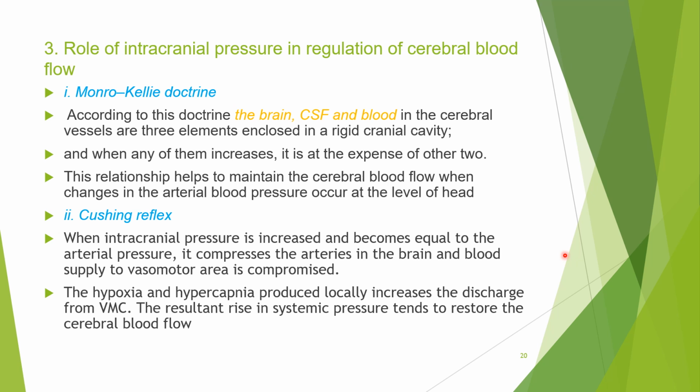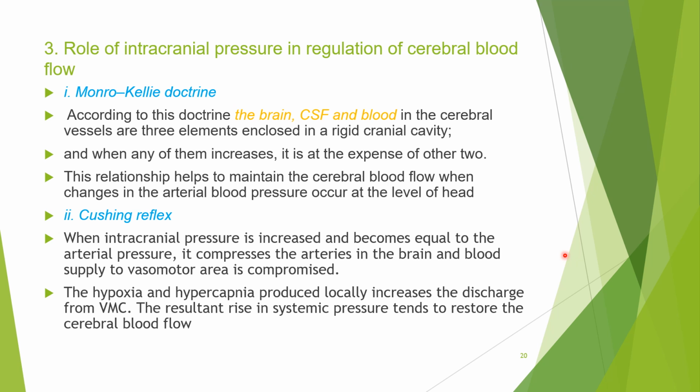We will see it. So what is the basic thing? When the intracranial pressure is increased and becomes equal to the arterial pressure, that is SBP, systolic blood pressure, it will compress the arteries in the brain, and the blood supply is decreased in the entire brain area, mostly the blood supply to the VMC, that is the vasomotor center.